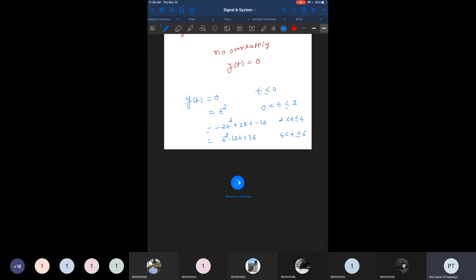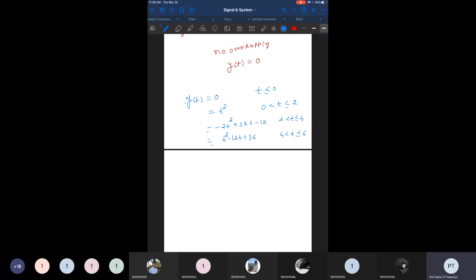In the next example, two signals are given. One signal, from minus 1 to 1, is x of tau, and another signal is given, from 0 to 3, which is h of tau.